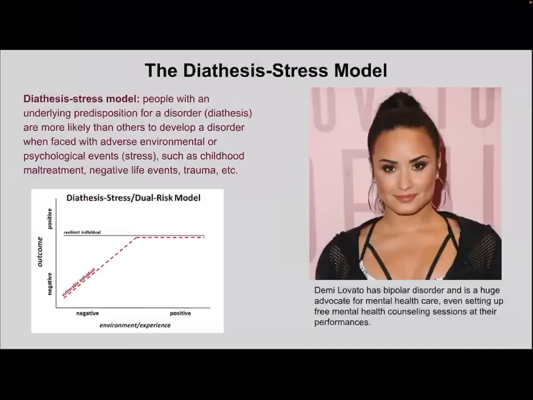Had Demi Lovato not been a child star, they might still have bipolar disorder, but they may not. We don't know, because it's a combination of the two that brings it out. And maybe the child acting or being in the public eye brought on enough stress that it pushed them over that threshold to that biological predisposition for bipolar disorder.